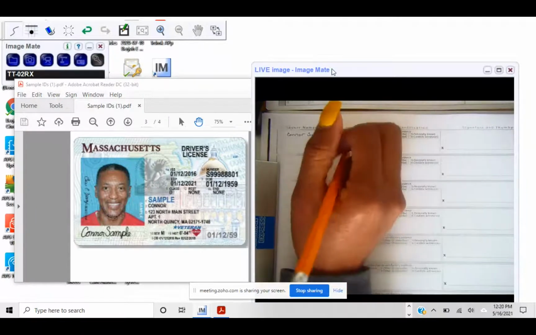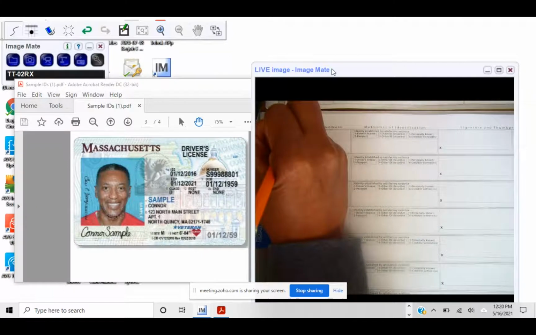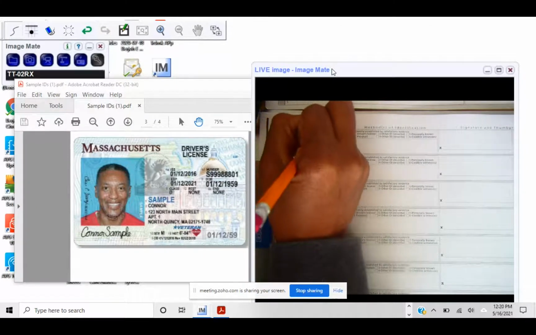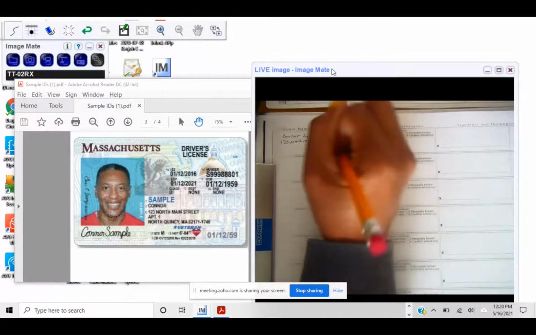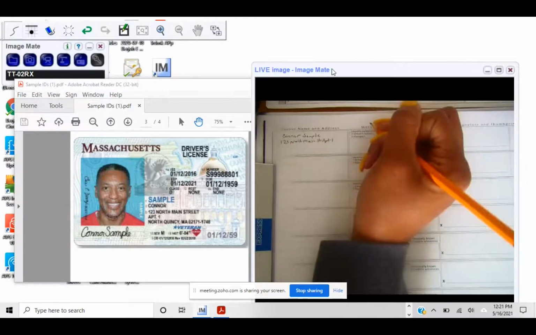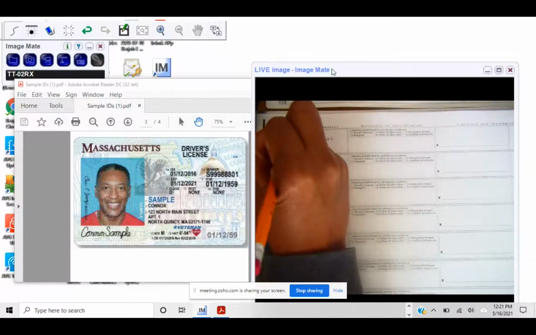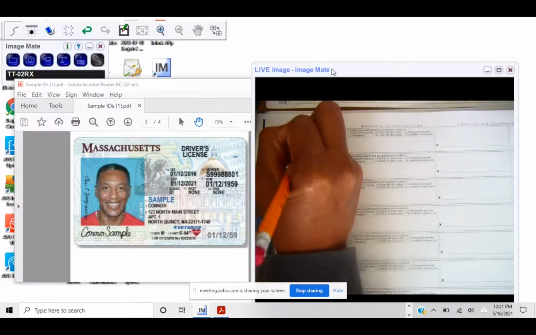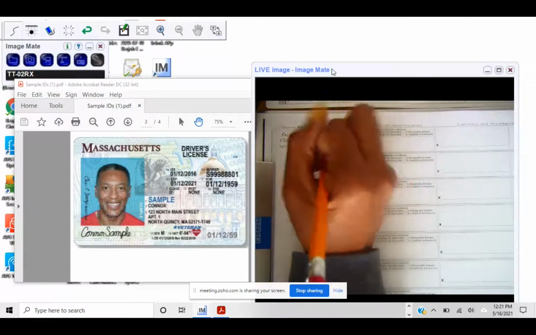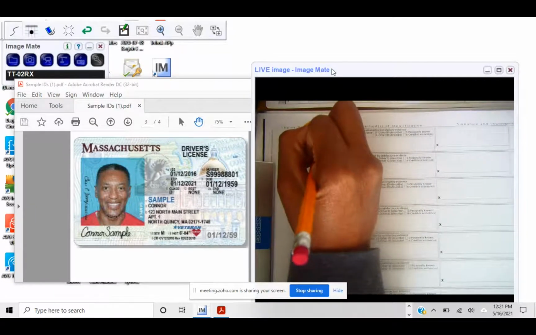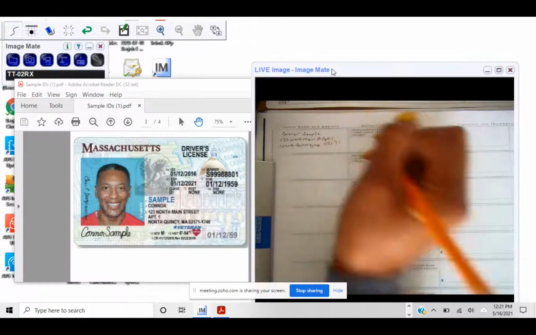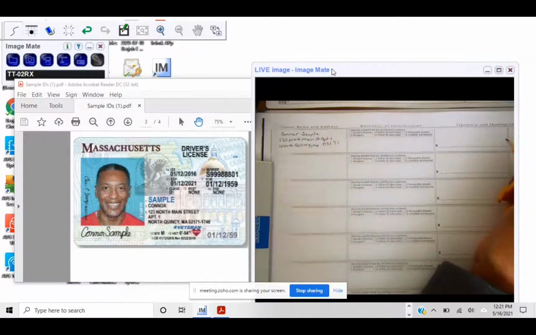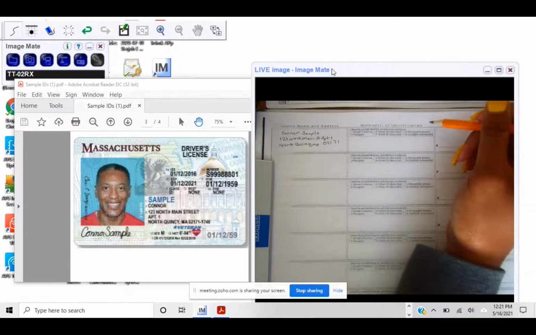Address: 123 North Main Street, Apartment 1, North Quincy, Massachusetts, and then we got 02171. Okay. Then it says method of identification used.